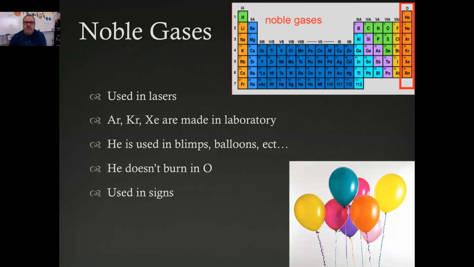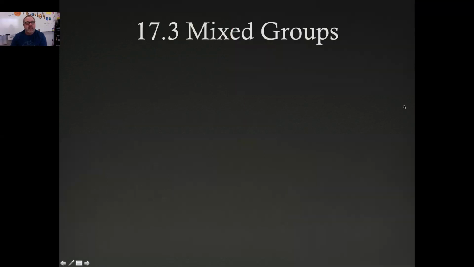Also, some of the noble gases are used in signs like neon lights and stuff like that. Okay, that's it for 17.2, the nonmetals, and now we have what's called the mixed group.